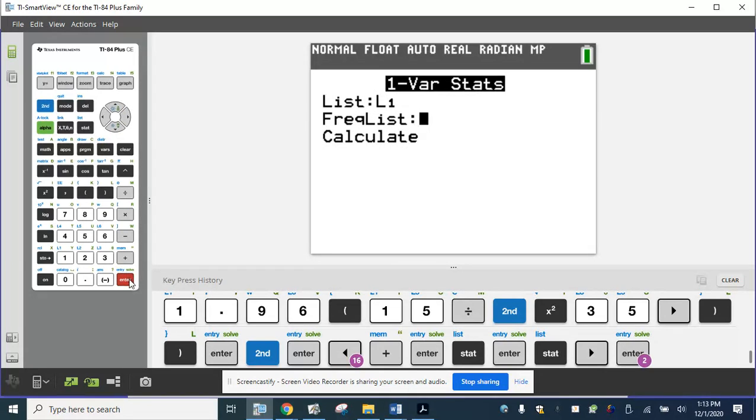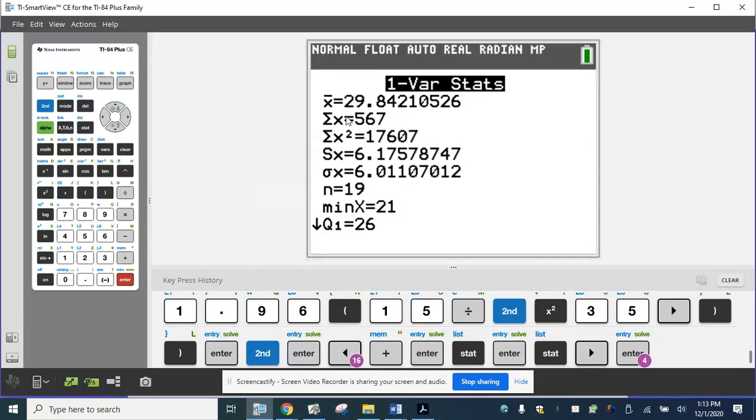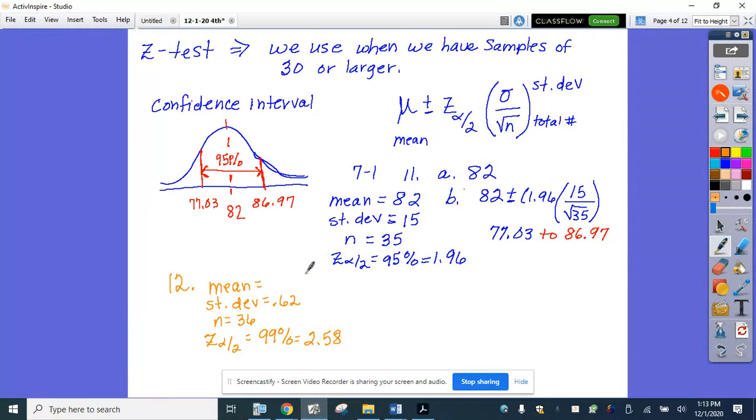Now, this is not the data for this particular problem, but you're going to look for your x bar that's right here on the top. And for example, if you were not given the standard deviation, it would come from this line right here. Okay, so in this case, when you put all those numbers in, you're going to get an average of 2.82.